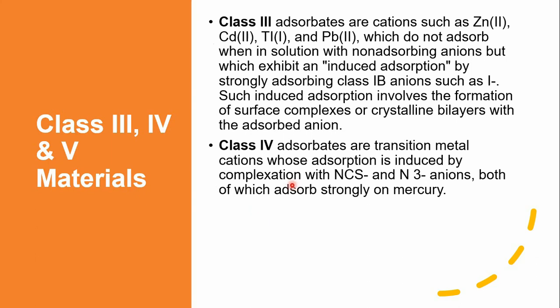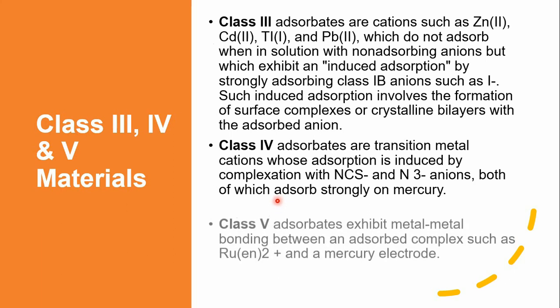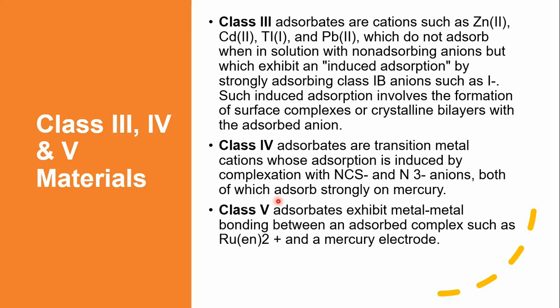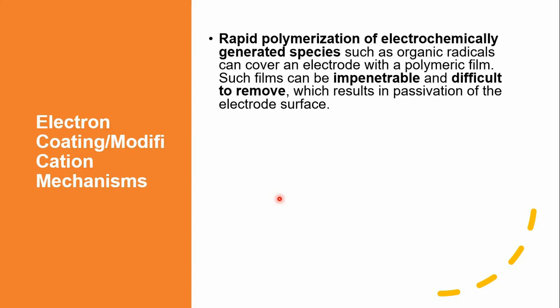So in those kinds of systems we see the class 4 adsorbates are adsorbed. Then we have class 5 adsorbates, which exhibit metal-metal bonding between an adsorbed complex such as a ruthenium complex and a mercury electrode.